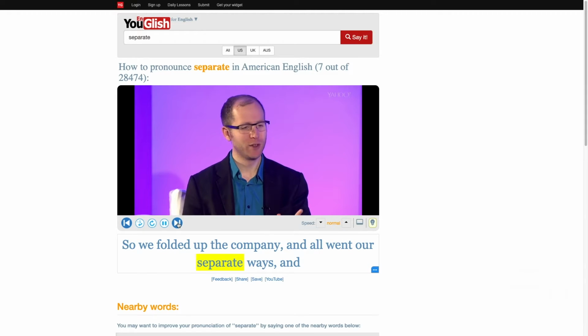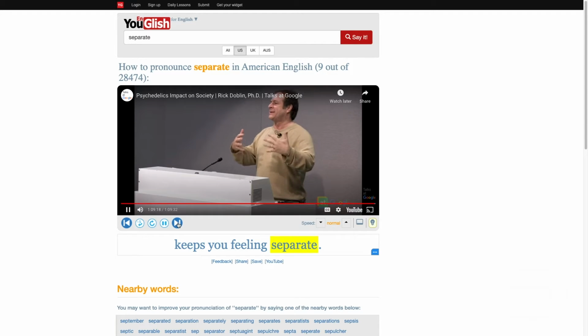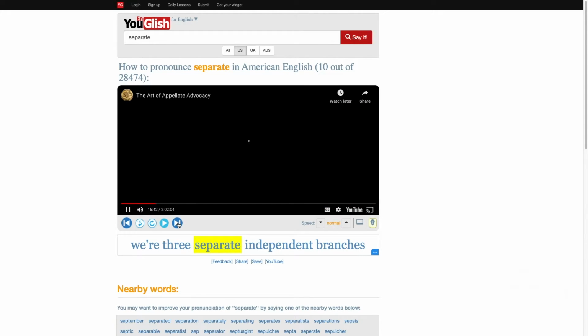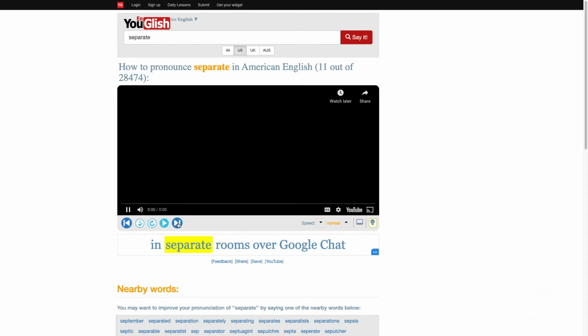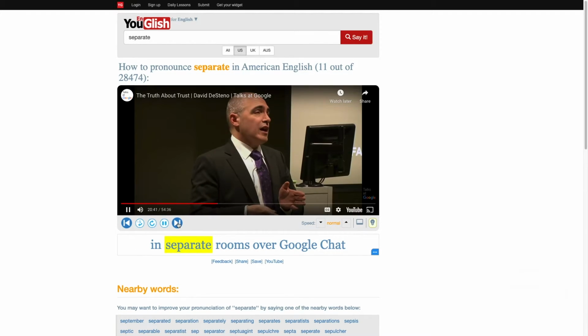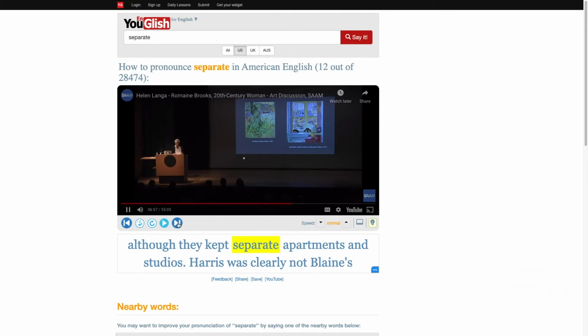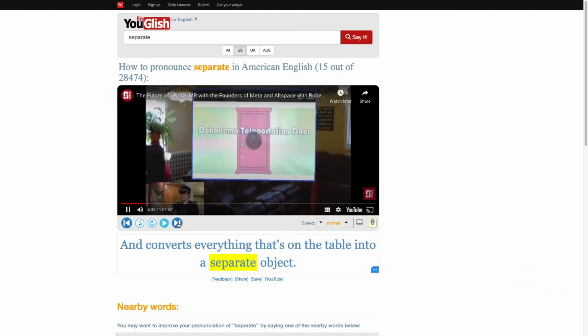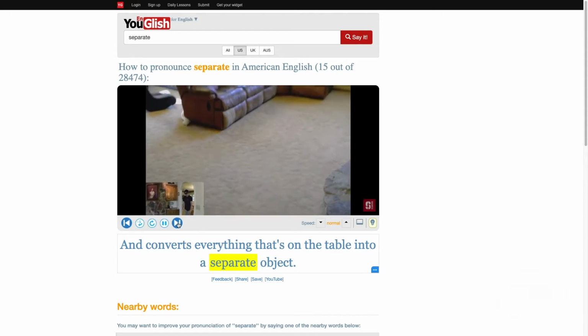So we folded up the company and all went our separate ways, and now it keeps you feeling separate. That we're 3 separate independent branches. In separate rooms over kind of, although they kept separate apartments and studios. And converts everything that's on the table into a separate object.